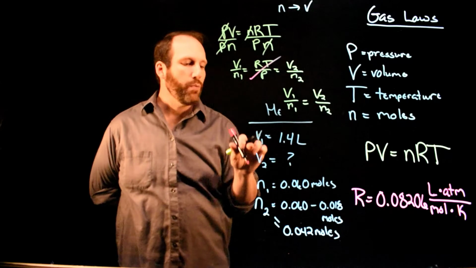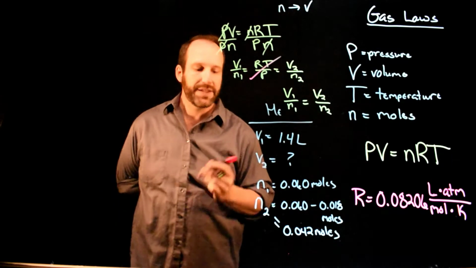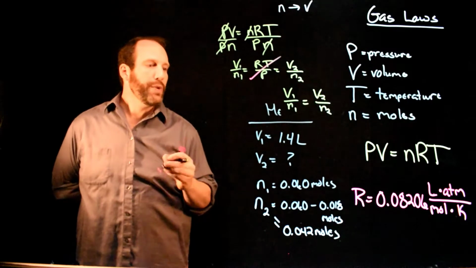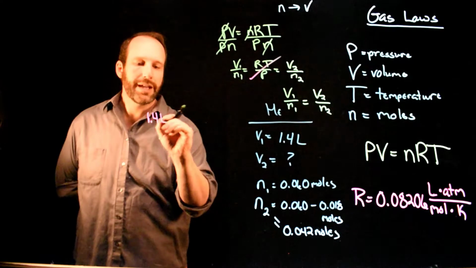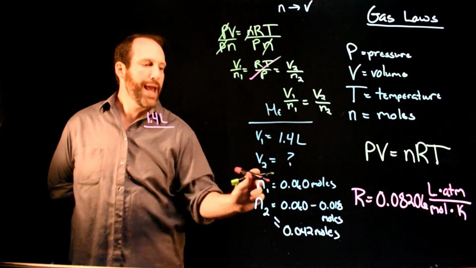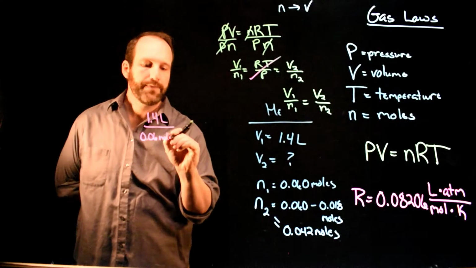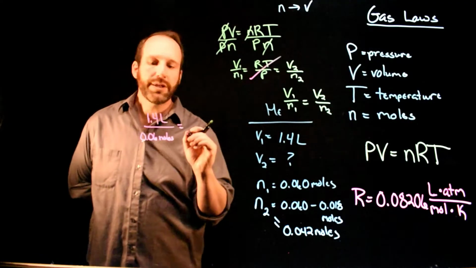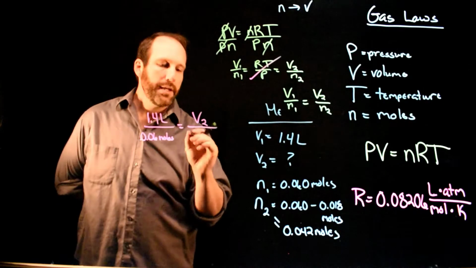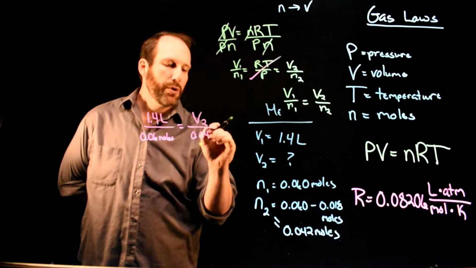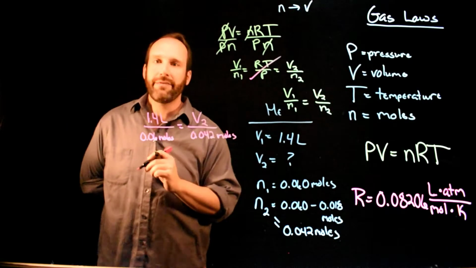We've got V1 and we've got both of the n's. What we're looking for is V2. So we can say that 1.4 liters over n1, which is 0.06 moles, is equal to V2, that's what we're solving for, divided by 0.042 moles. Now we want to isolate V2.